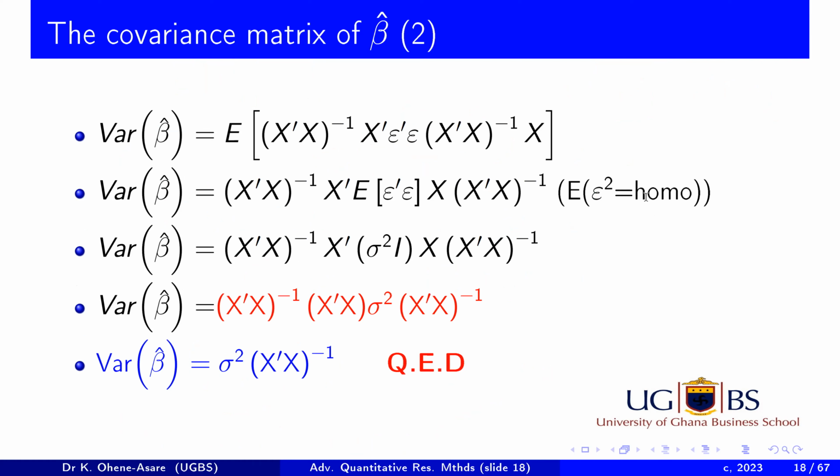What is the expected value of the epsilon square? That is an identity matrix times sigma square, and that is the assumption of homoscedasticity. Therefore, the variance of beta cap is sigma square multiplied by X prime X to the power -1. We have been able to prove, quod erat demonstrandum, that the variance of beta cap is equal to this.